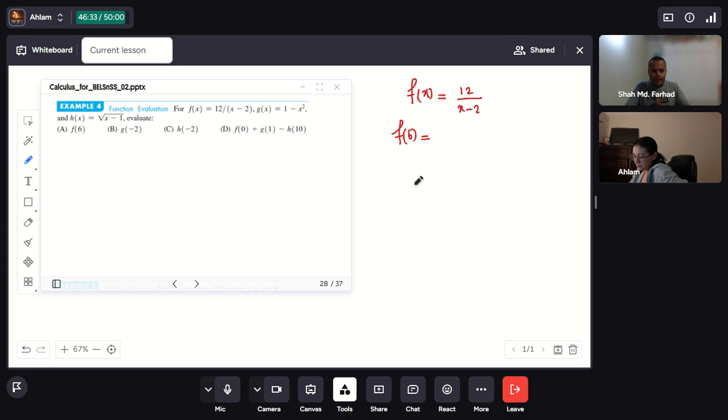So f of 6 equals 12 over 6 minus 2. It's 12 over 4. So the result is 3.